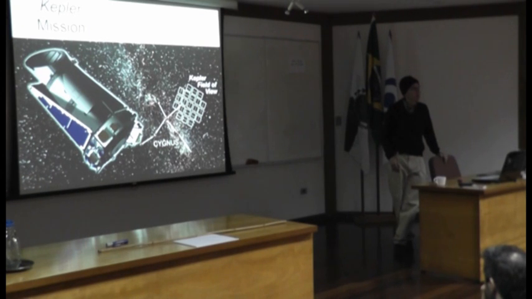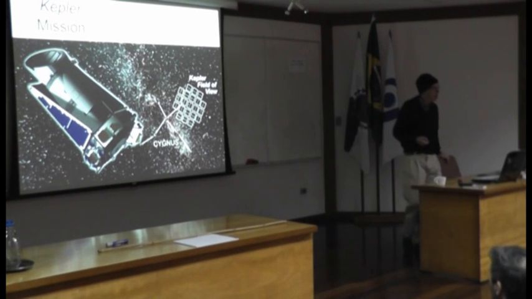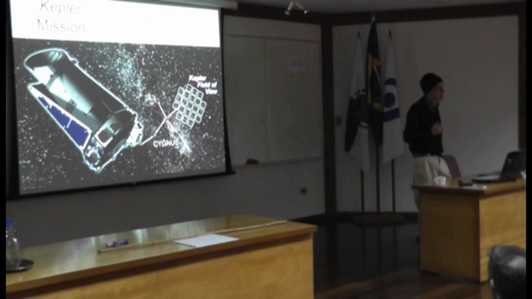Kepler looked at about 160,000 stars at a time. 140,000 were observed for almost the entire mission. There was some cycling of other targets. And what we did was record measurements of the brightness of each of the stars every 30 minutes.